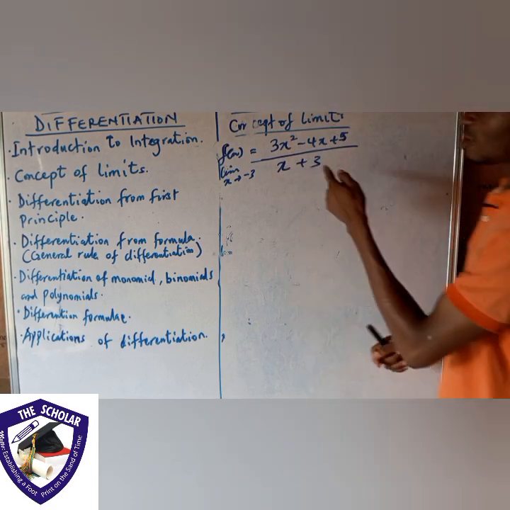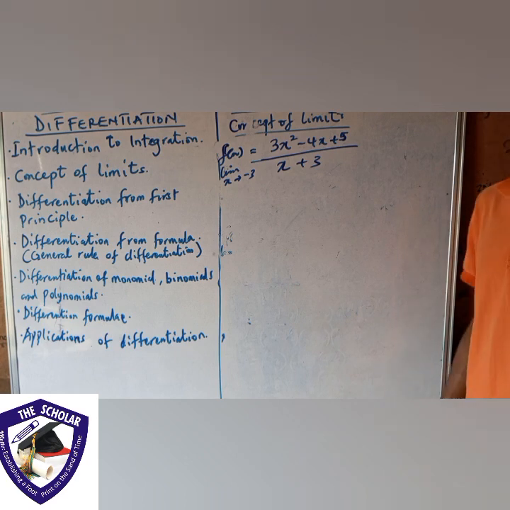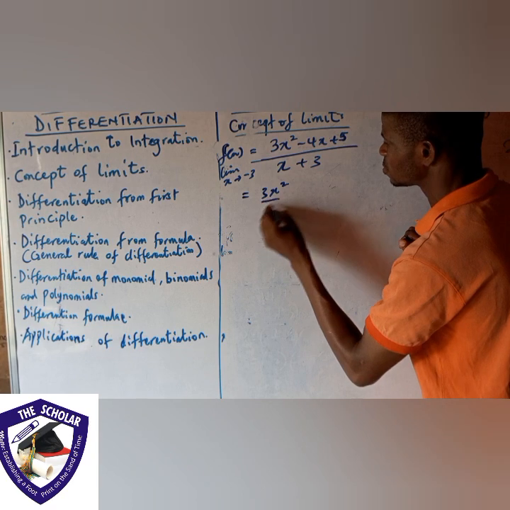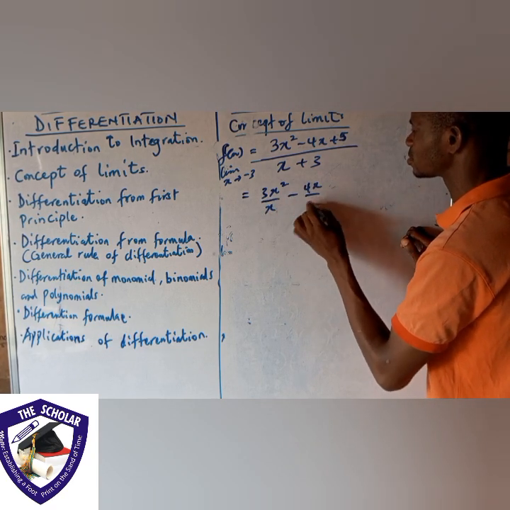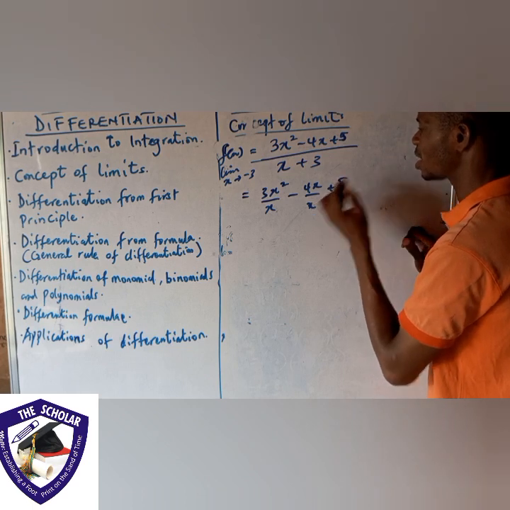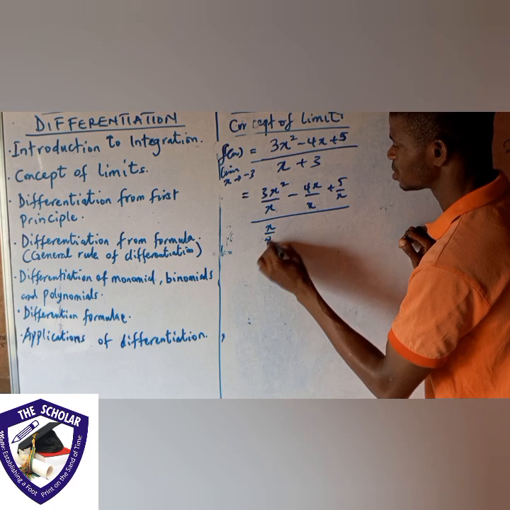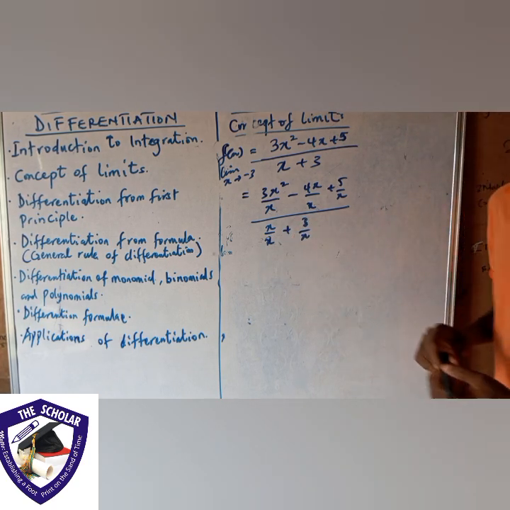You divide both the numerator and denominator by x. That means I'm going to have 3x squared over x minus 4x over x plus 5 over x, divided by x over x plus 3 over x.